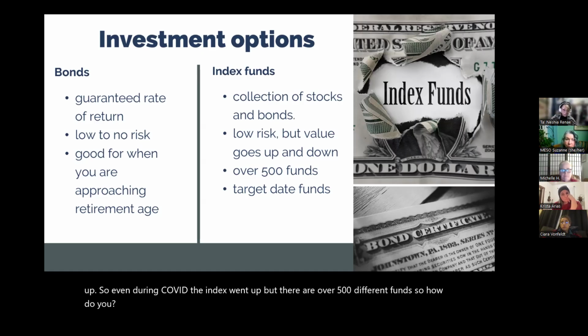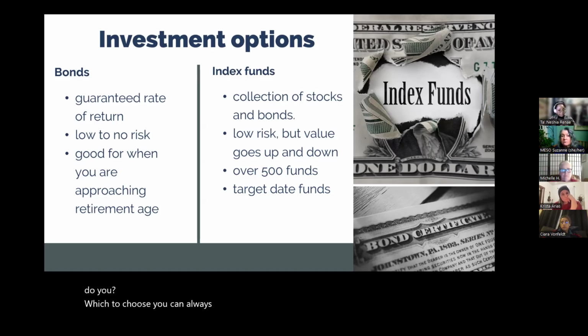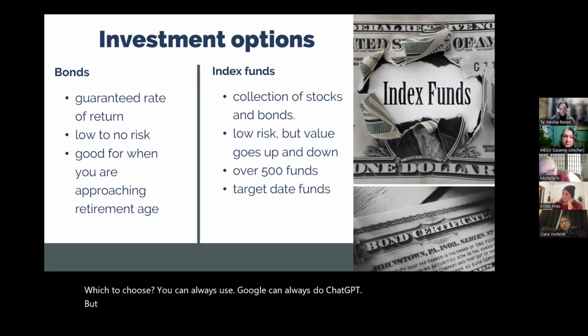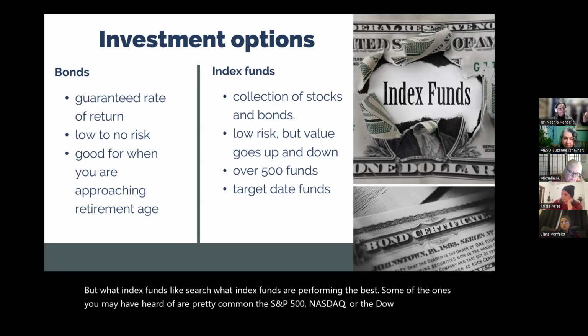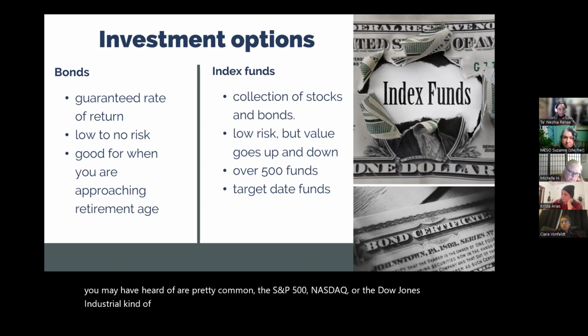You can always use Google, you can always use ChatGPT, to search what index funds are performing the best. Some of the ones you may have heard of are pretty common: the S&P 500, NASDAQ, or the Dow Jones Industrial Average. One really good option is finding target date funds.